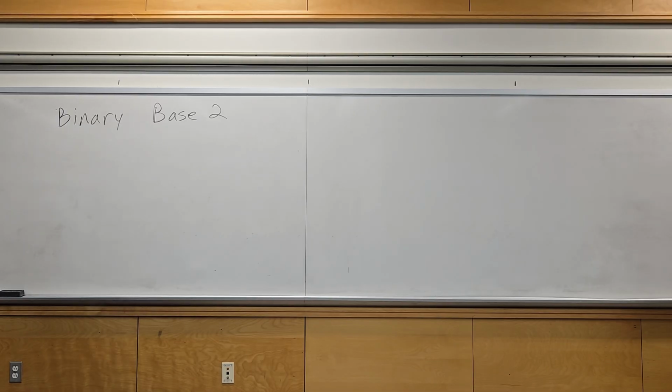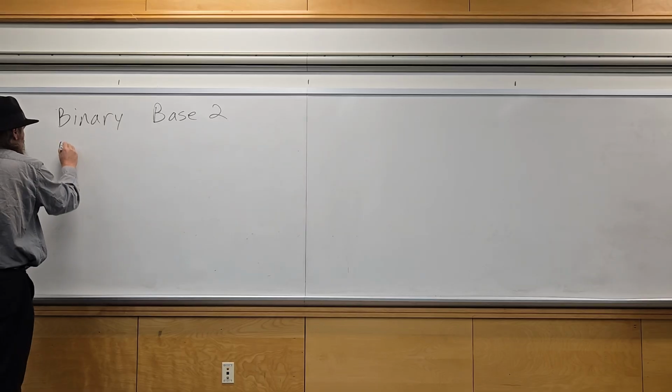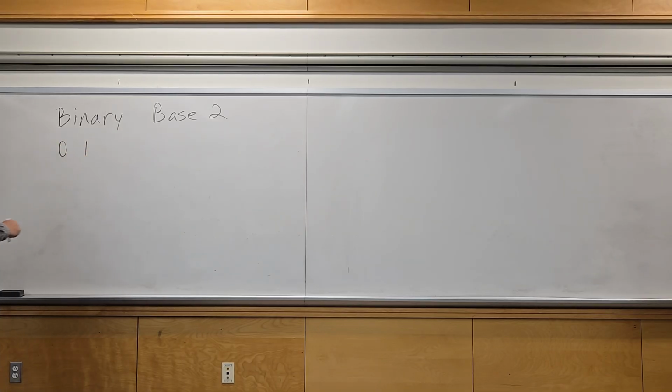Being base 2, it has only two symbols, 0 and 1. It is the most basic of number systems.